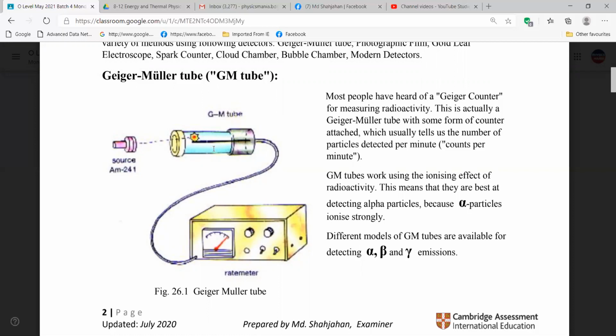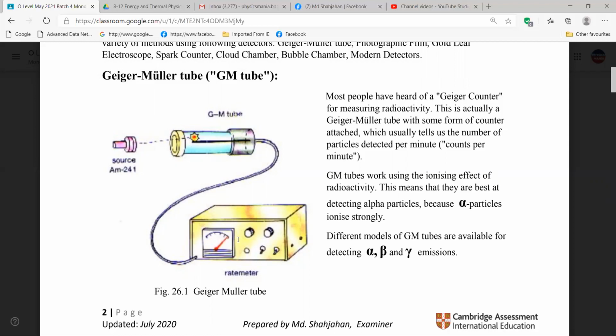And here you see, there is an anode. The detector is detecting the counts, and this one is the rate meter or count meter. Here we are getting the readings.